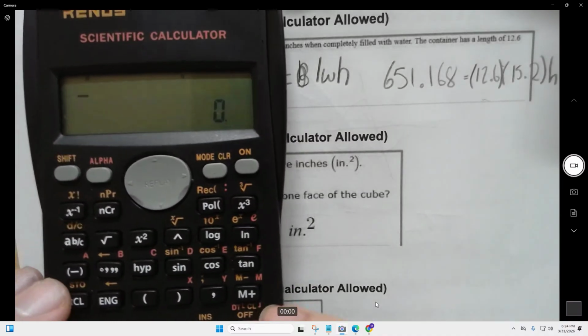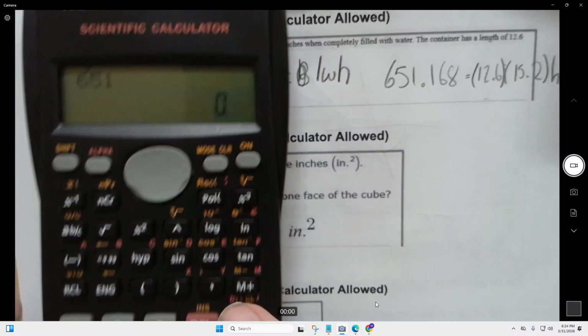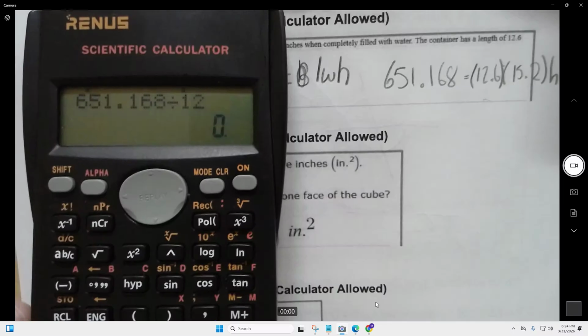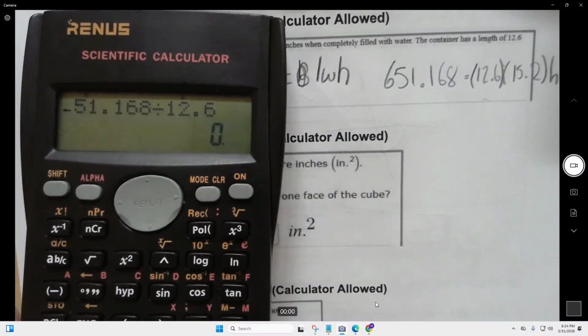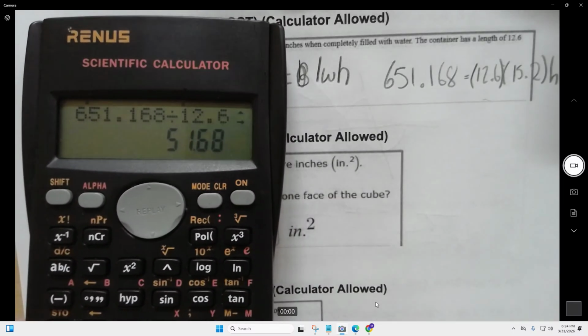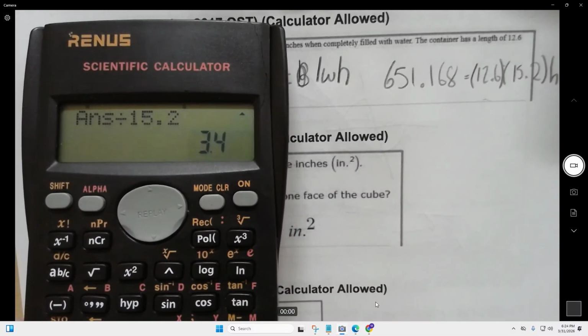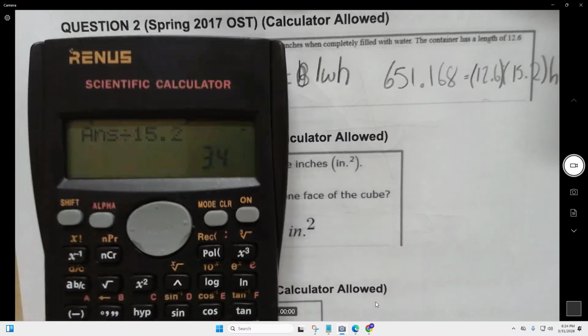So 651.168 divided by 12.6, and then divided again by 15.2. That gives you 3.4.